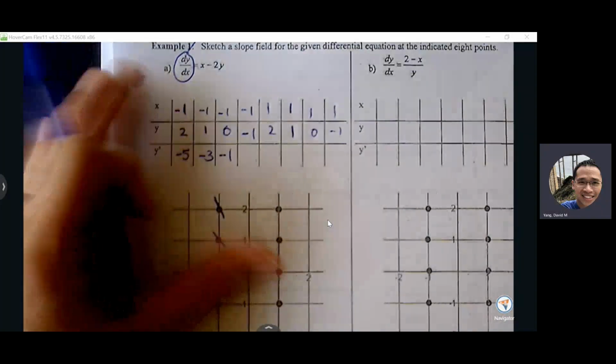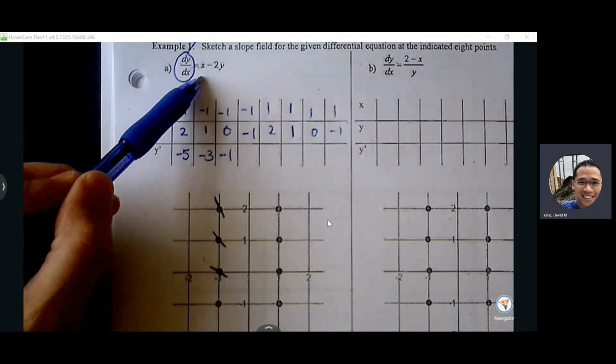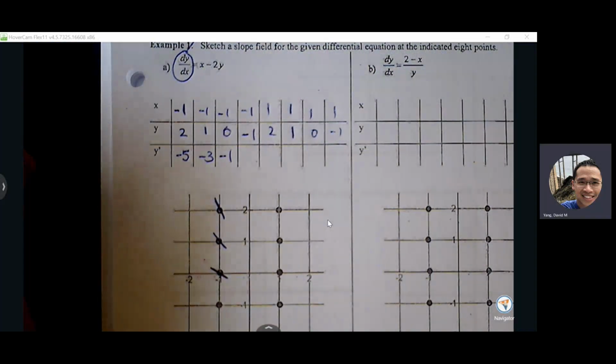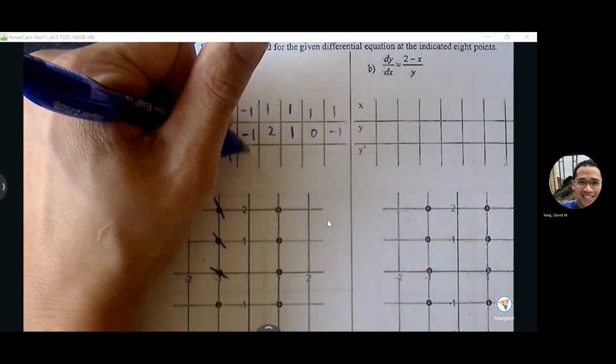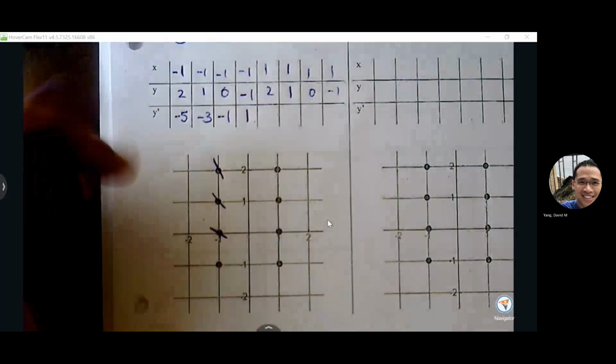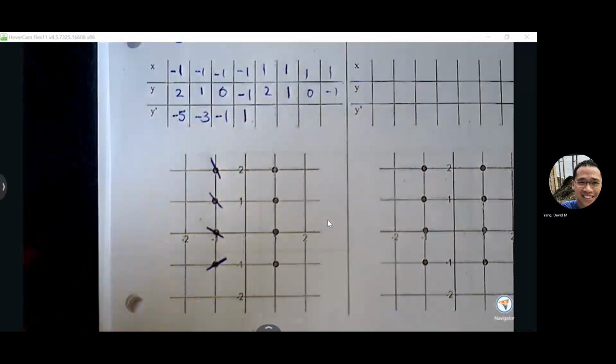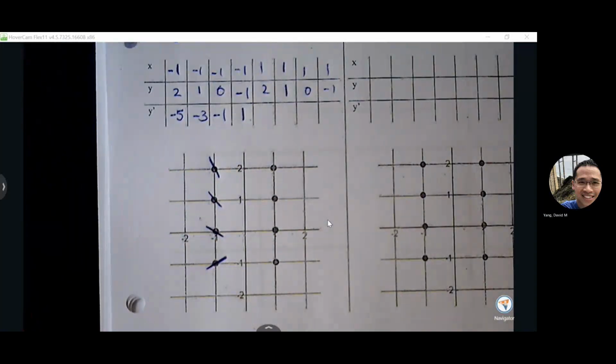Okay. (-1, -1). -1 minus -2. So -1 plus 2 is 1. So it's going to switch back to a positive slope here. Okay, so you guys can finish off the rest of the ordered pairs.